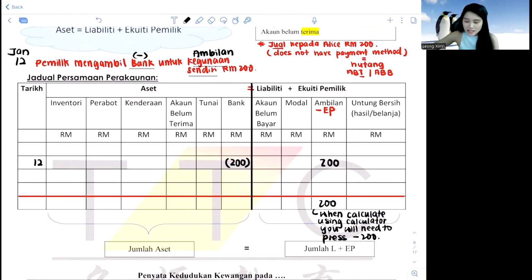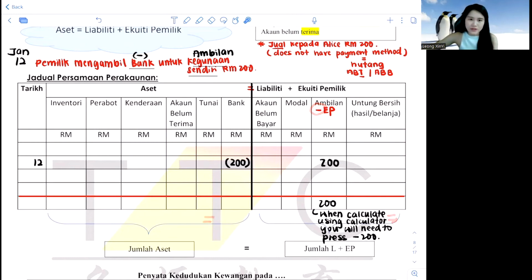Can you guys understand? So the rest of the items I will plus, but when it comes to ambilan, even though the number is shown as positive here, it doesn't mean positive, because the klasifikasi of ambilan is a negative type. So you need to remind yourself, do not go and plus. If you go and plus, you're not going to get your asset to balance with your right hand side, because the difference is going to be the positive 200.